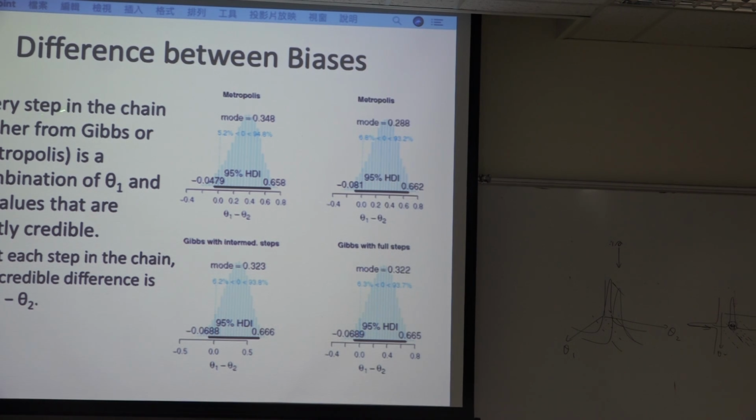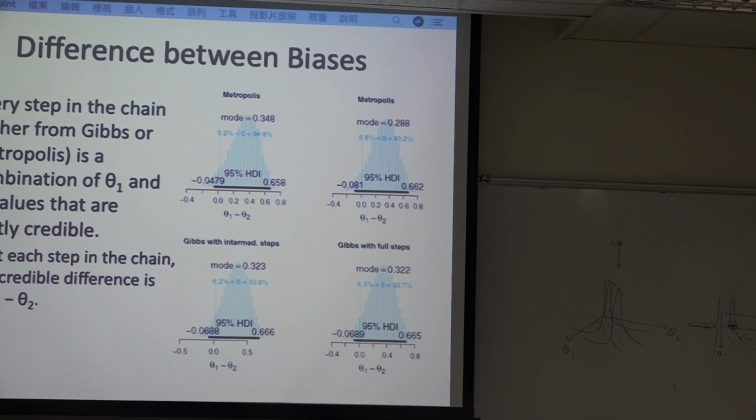So every step in the chain, either from Gibbs or Metropolis, is a combination of theta 1 and theta 2 values that are jointly credible. So at each step in the chain, a credible difference is theta 1 minus theta 2. So let's look at the difference.